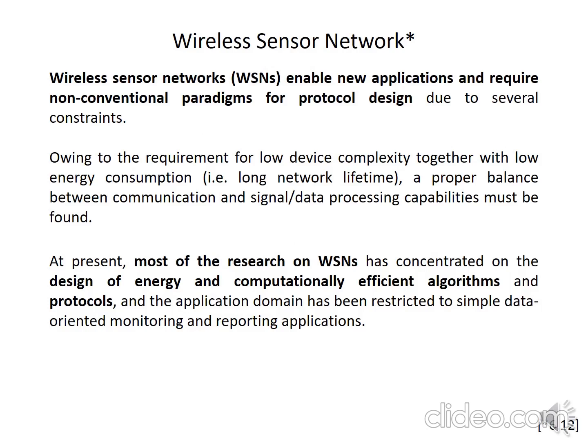Wireless sensor network enables new applications that require non-conventional paradigms for protocol design due to several constraints. Obviously, when wireless sensor network emerged, the applications running over it were diverse. Owing to the requirements of low device complexity together with low energy consumption, a proper balance between communication and signal data processing capabilities must be found.